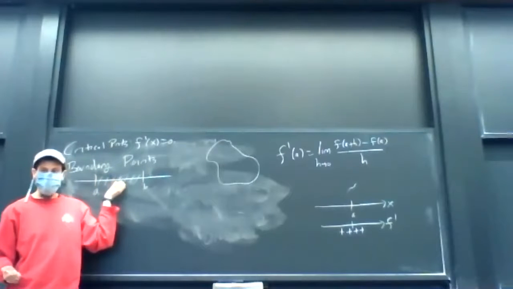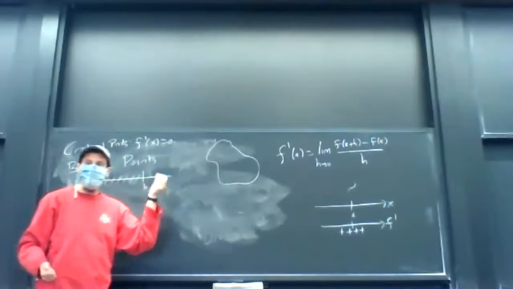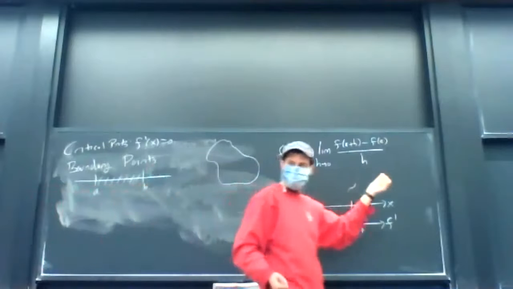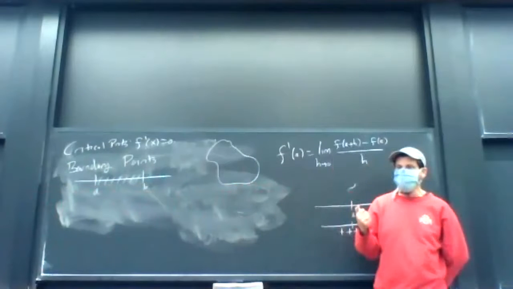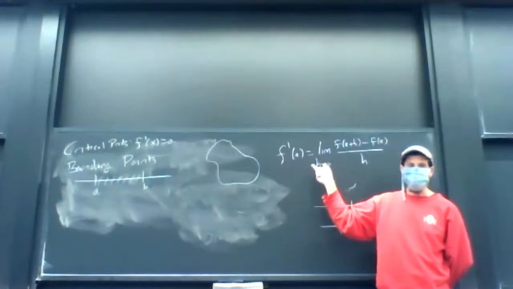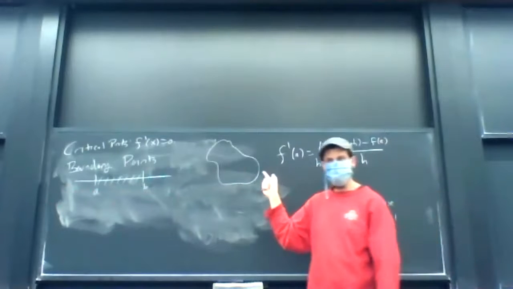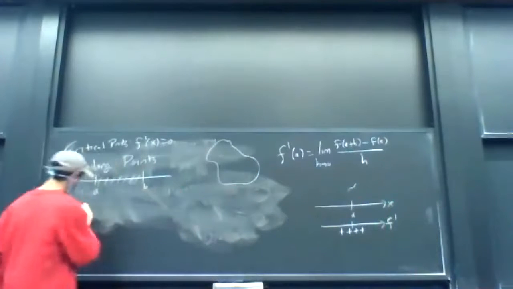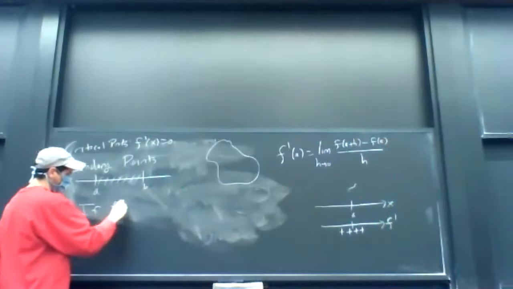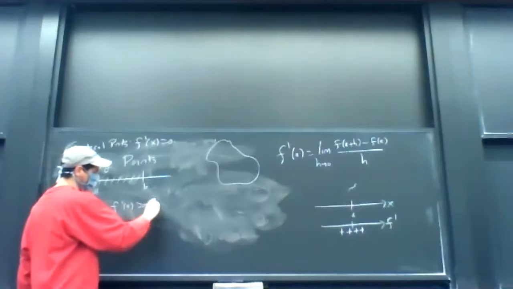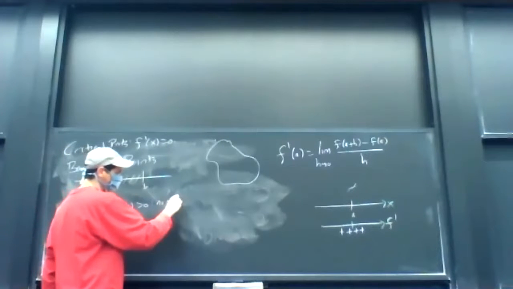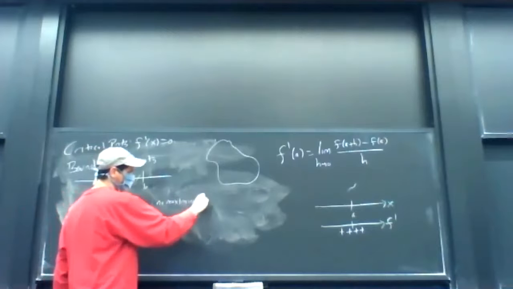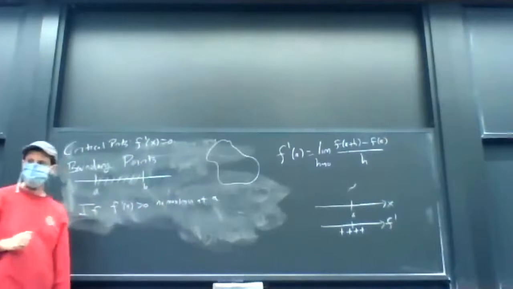But as long as you're not at the boundary, if the first derivative is positive, wait a little bit more and you've gone further. Go back a little bit and you haven't gone as far. So if the first derivative is positive, do we have a max? No. So if f prime of a is greater than 0, no max or min at a.